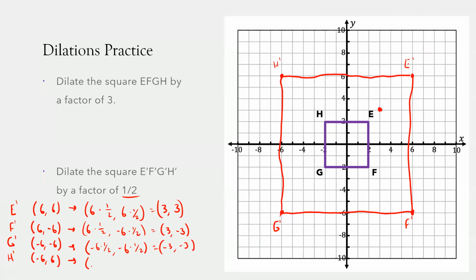And then the last one, we have negative 6 times 1/2, comma, 6 times 1/2, which equals negative 3, comma, positive 3. And if we graph each of these, they're going to be in a similar square, but this time it's going to be just a little bit bigger than the original and half as big as our second square.